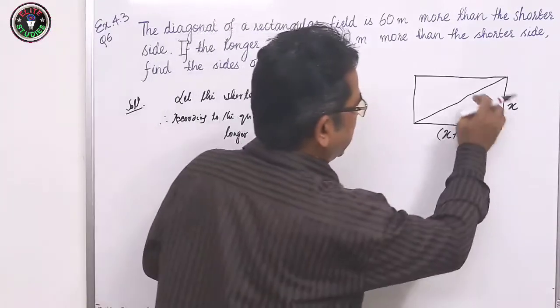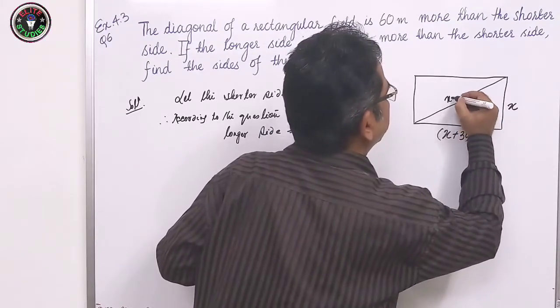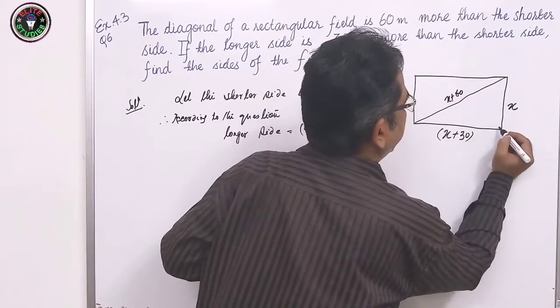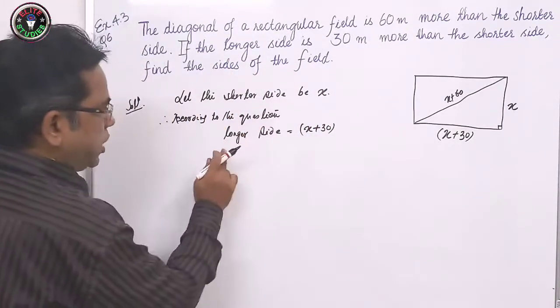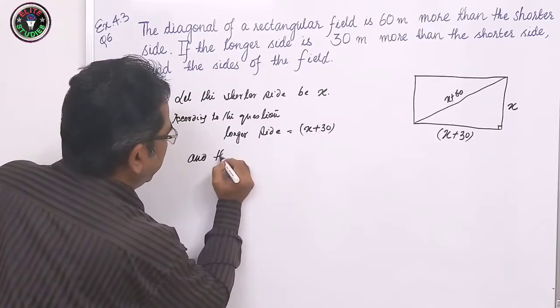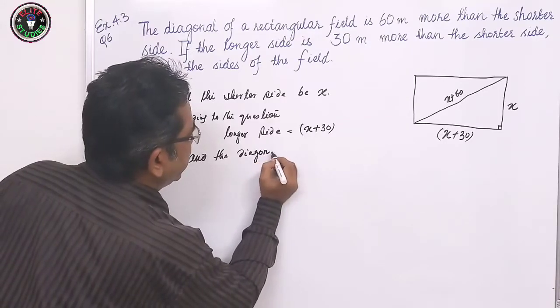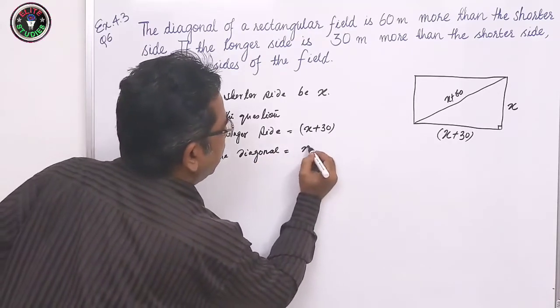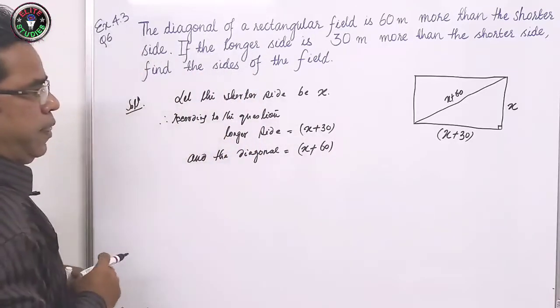So according to the question, it will be x plus 60. So the longer side is x plus 30 and the diagonal is equal to x plus 60. Right?